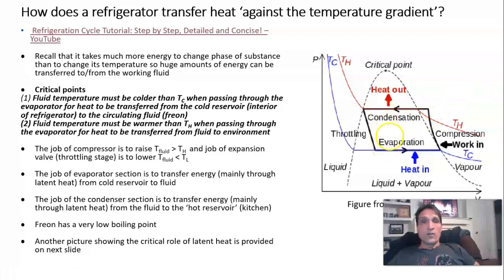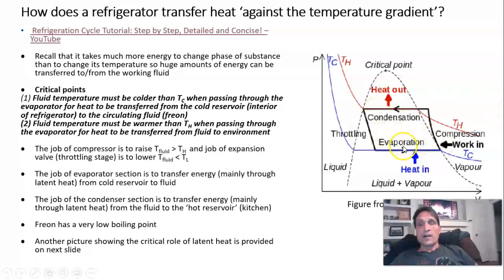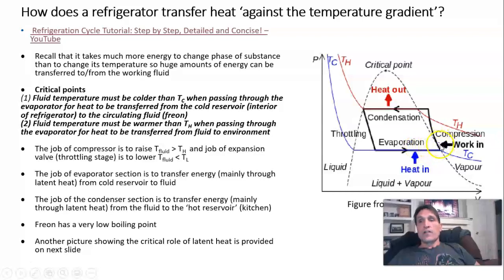And so the sole job of the evaporator system, remember, is to transfer this energy mainly through latent heat from the cold reservoir to the coolant. The main job of the compressor is to subsequently raise the temperature of this vapor to a higher temperature than the surrounding room, so that heat will get transferred out.